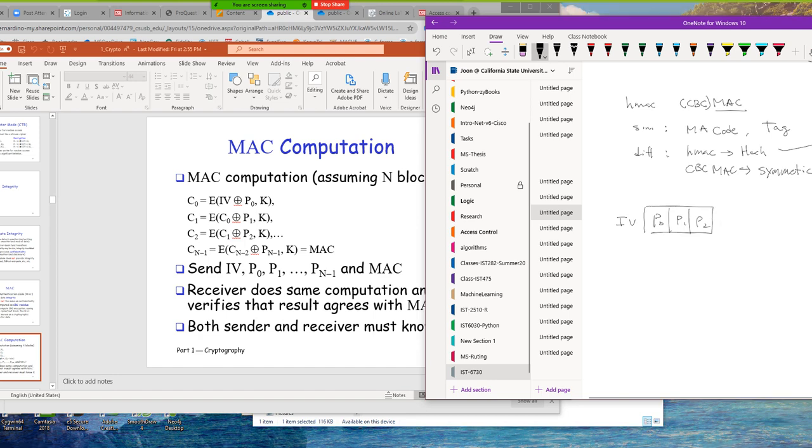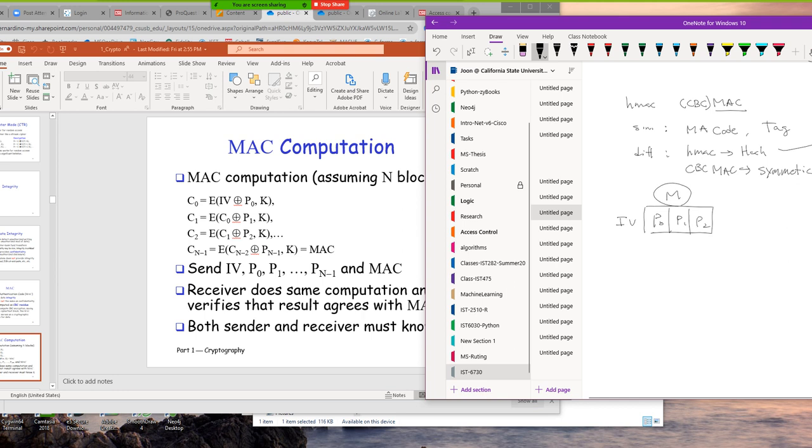This is M, which has three chunks, P0, P1, P2. Using the CBC mode, I'm going to skip the details, but from P0 you can compute the C0 ciphertext.